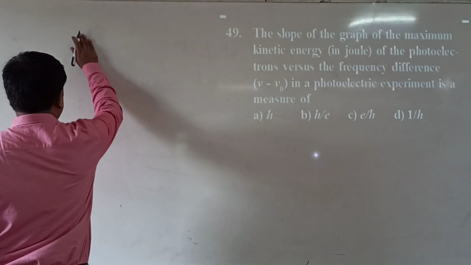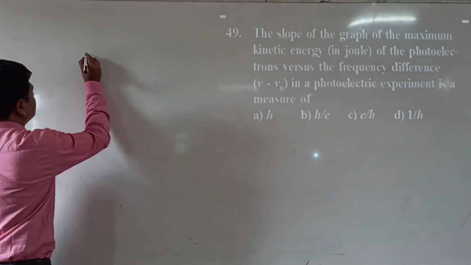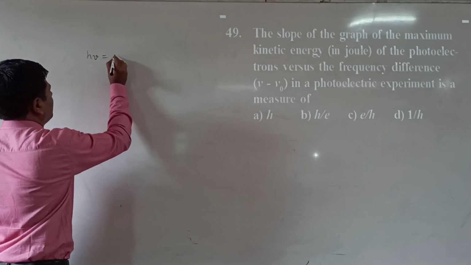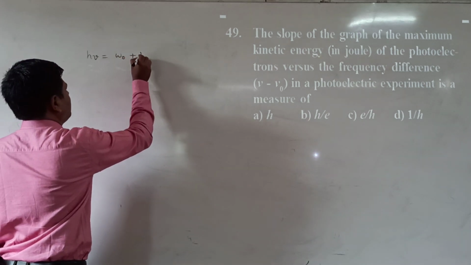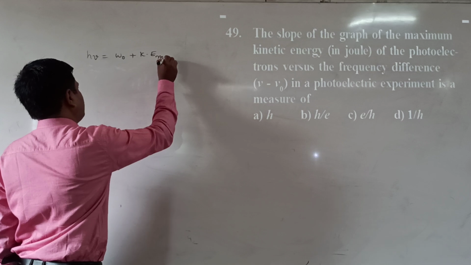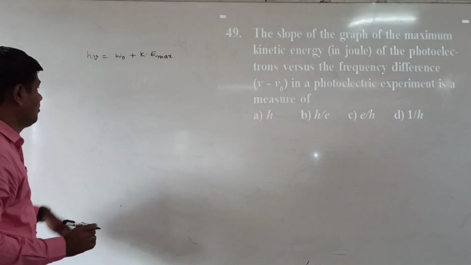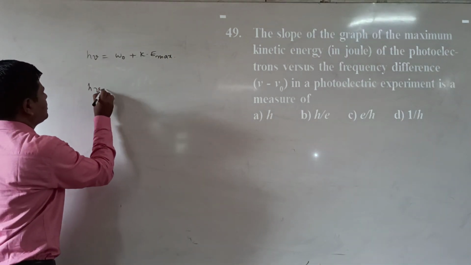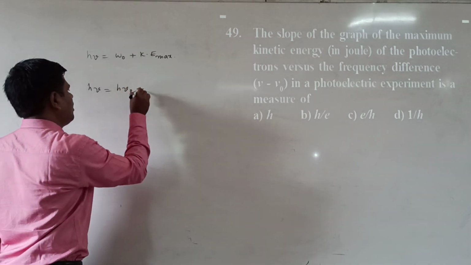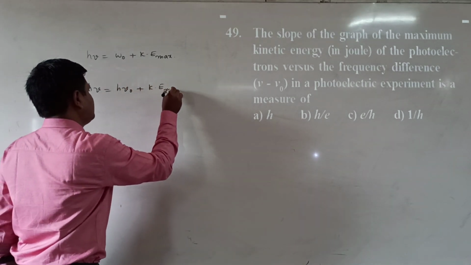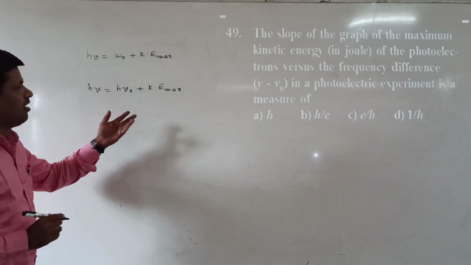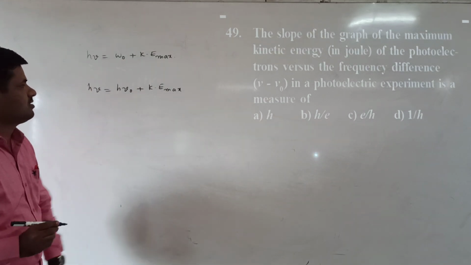From the Einstein formula, h nu is equal to W naught plus maximum kinetic energy. This is the Einstein formula. Now h nu is equal to h nu naught plus maximum kinetic energy. We are drawing the graph between kinetic energy and nu minus nu naught.